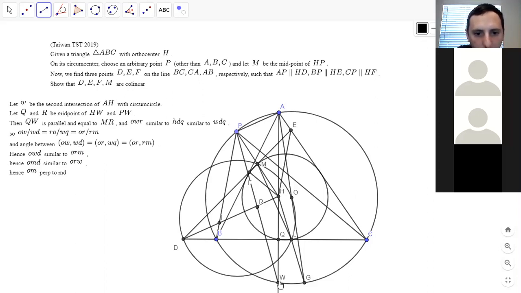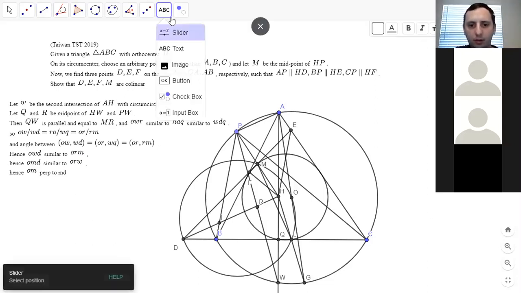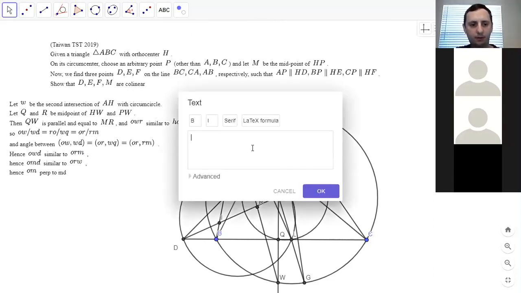So OW over WD is OR over RM. So you're saying there's a spiral similarity between ORW and OMD. It's basically a spiral, yeah. So basically a spiral similarity between ORW and OMD.